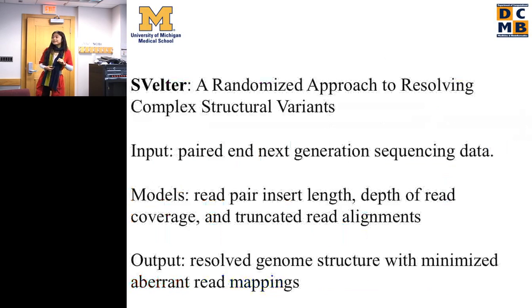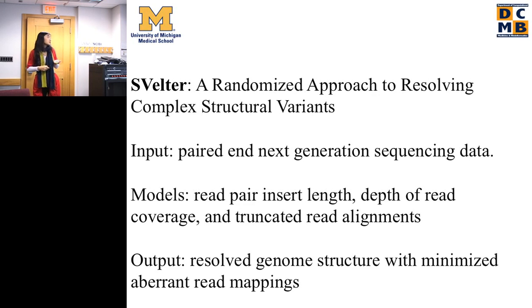So here comes SVelter, which is the method we've been working on. As the input data, SVelter takes paired-end next generation sequencing data. With the initial BAM file, we first build the node model based on the pair insertions, the read depths, and also the split reads. We also consider the direction of a pair of reads, which I'm going to explain more later.